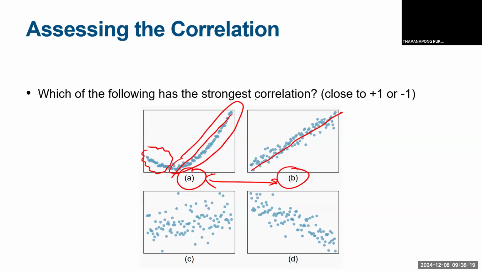So B has the strongest correlation. For A, it's more like some kind of square relationship. If you take the square root of y against x, perhaps you might get a linear relationship.